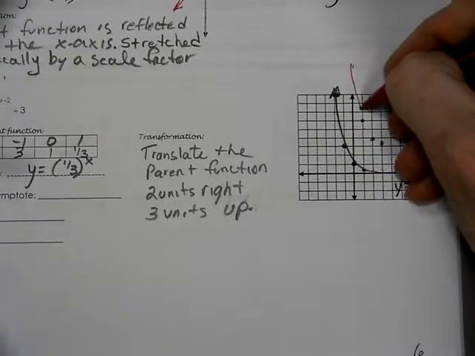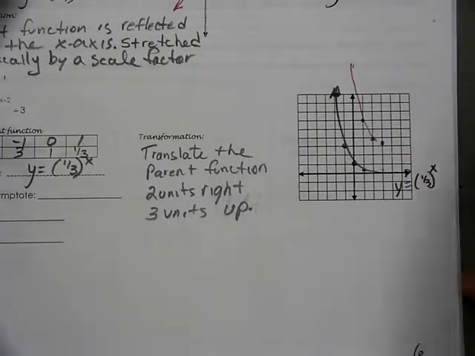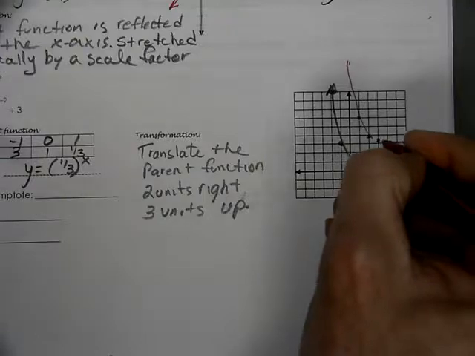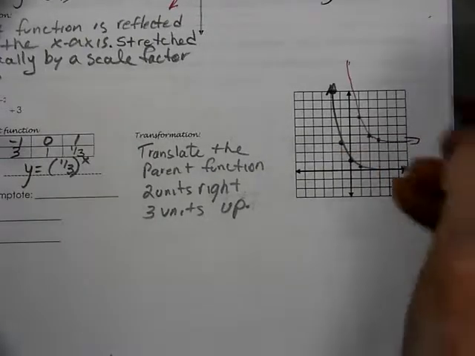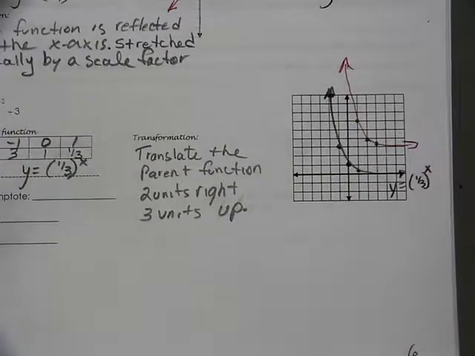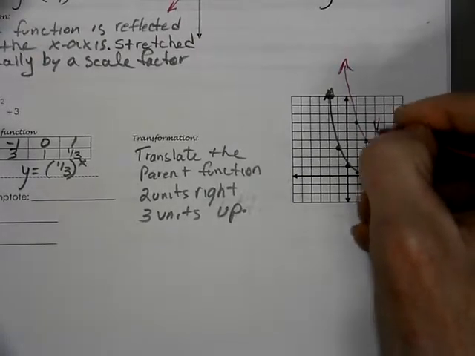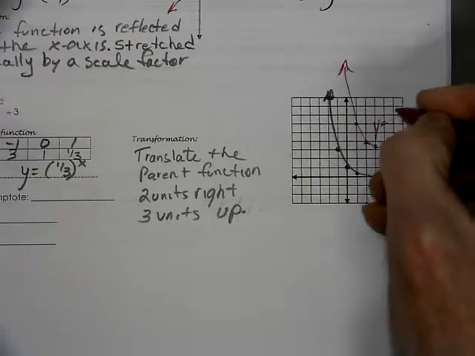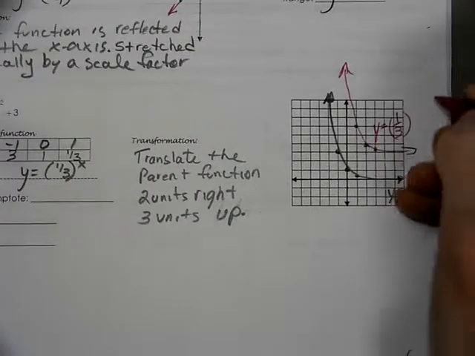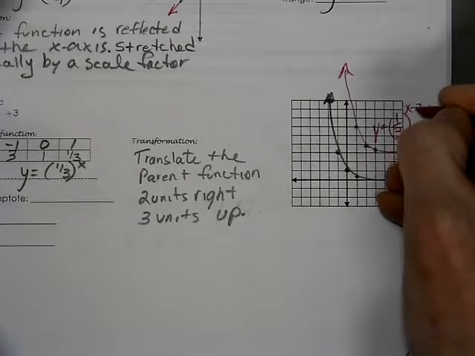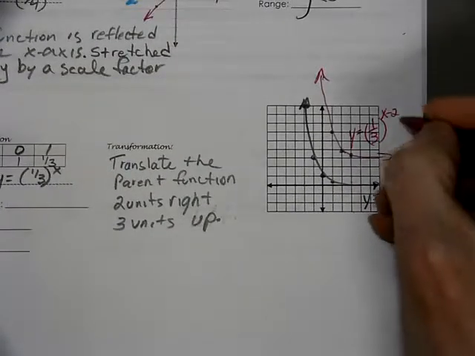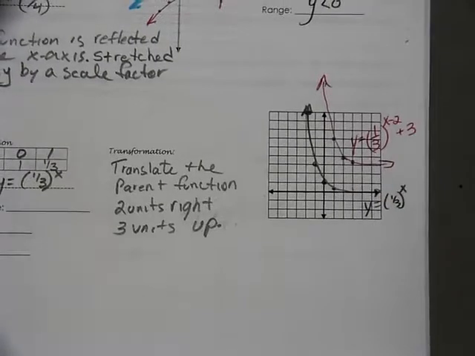So we see our graph is coming down, and it's approaching this same line. You got to be real careful that we're not trying to cross where the asymptote is going to be. y equals (1/3)^(x-2) plus 3.